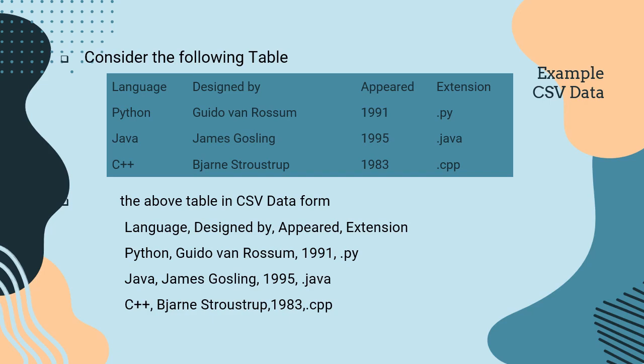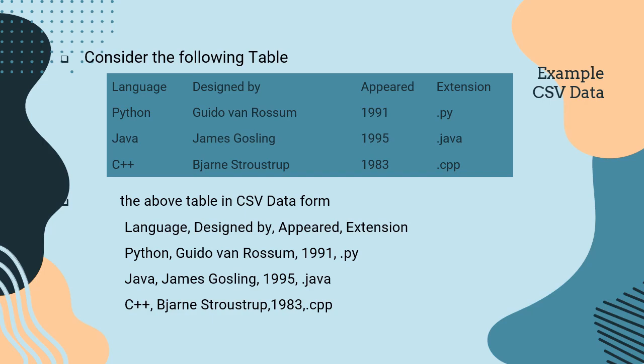Each row is designated by a single line, and each column is separated by commas. As you can see, language, comma, designed by, comma, appeared, comma, extension. The second row goes to the second line: Python, comma, Guido van Rossum, comma, 1991, comma, .py.